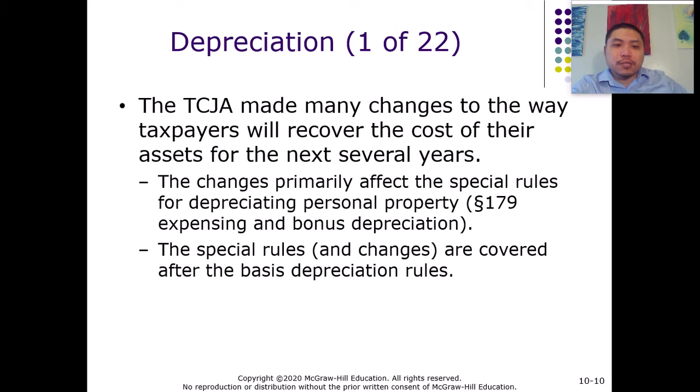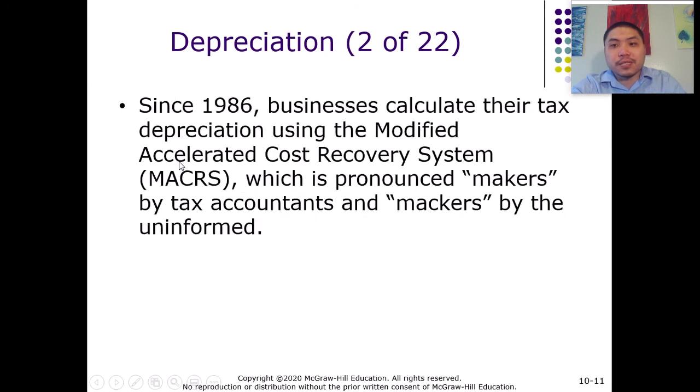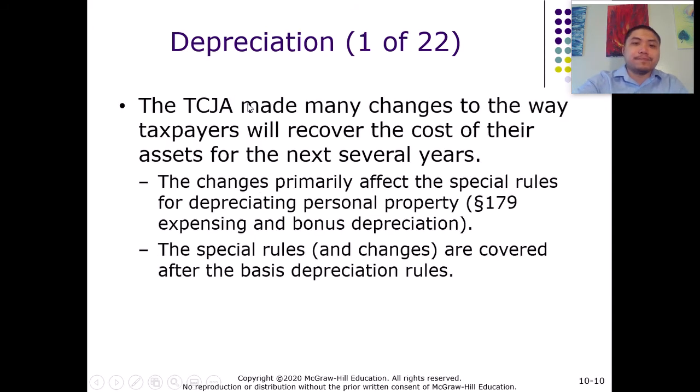But I'm not going to go deeply into this. I just want to introduce you to the fact that there's such an act, and it's been passed recently, and it's changed the way we depreciate assets for tax purposes a little bit.